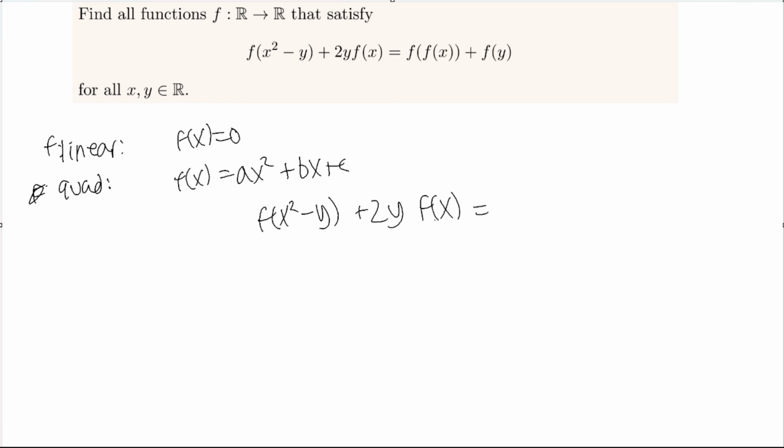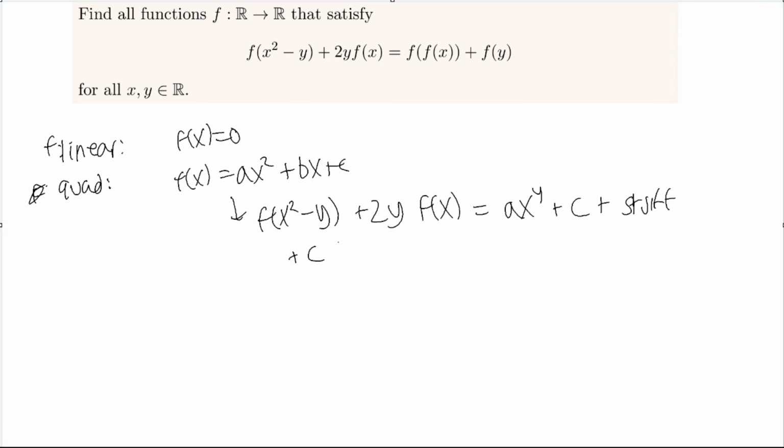And if we plug in this here, we get that the leading term is like ax to the fourth. That's the x to the fourth one here. And then we have a plus c here. And then we have 2y f of x, and that doesn't really give a plus c anywhere. So we have plus c, and then plus a bunch of stuff.